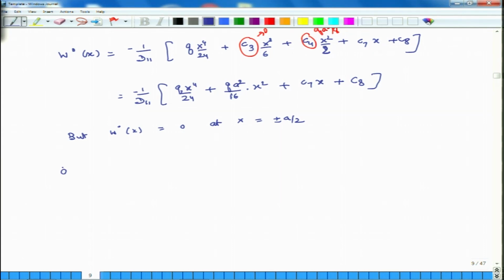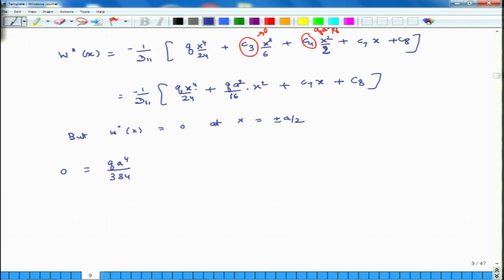If we implement the first boundary condition at x is equal to plus a by 2, we get this is equal to, and I can drop D11 because the left side is 0. So, I get Q A4 over 24 times 16, so that is 384. Instead of x, I am putting a by 2.